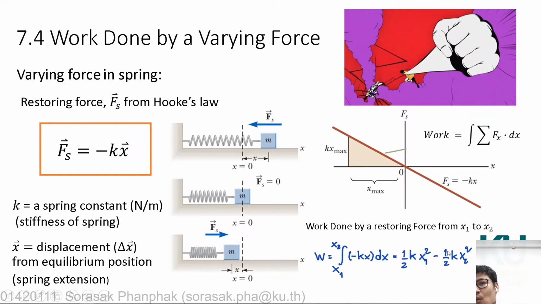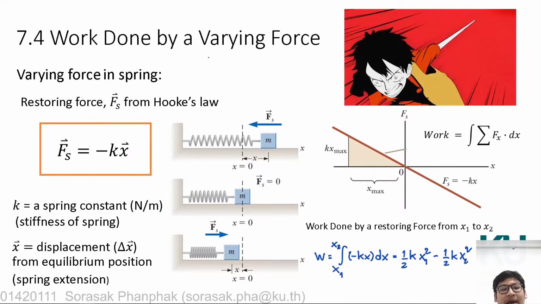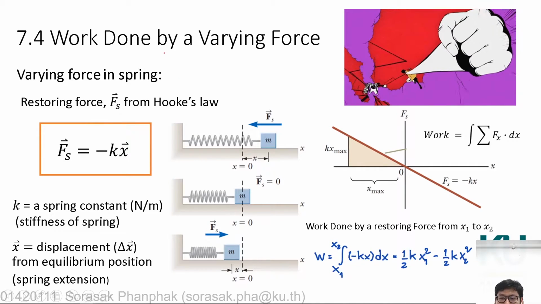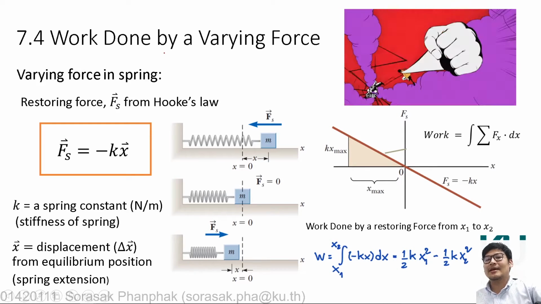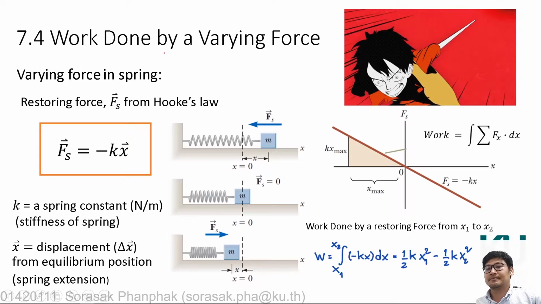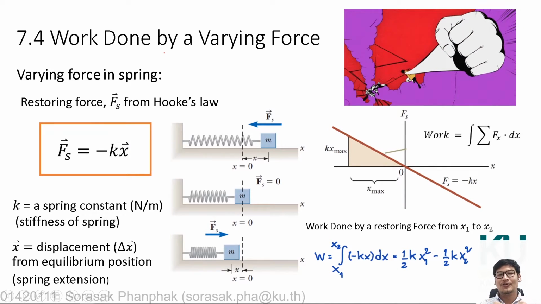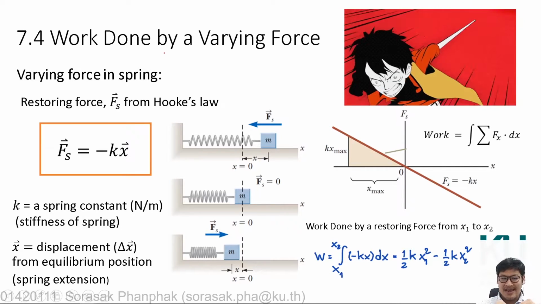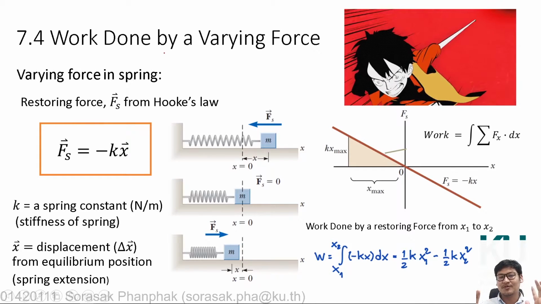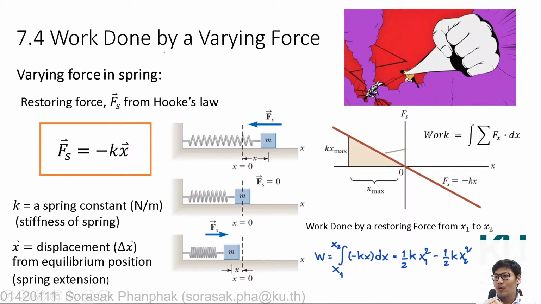As I stated, one of the key examples of work done by a varying force is what happens in a spring. When you try to pull the spring, the spring keeps resisting the extension. When you try to extend the length of the spring, there is going to be an increasing force pulling it back.